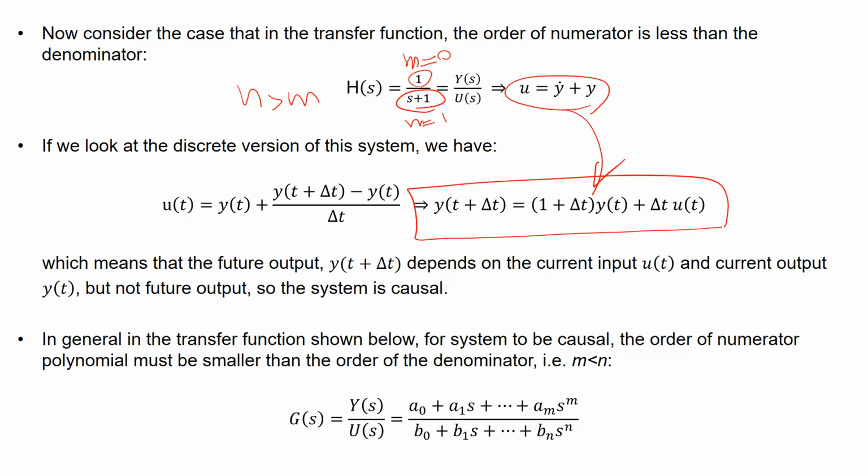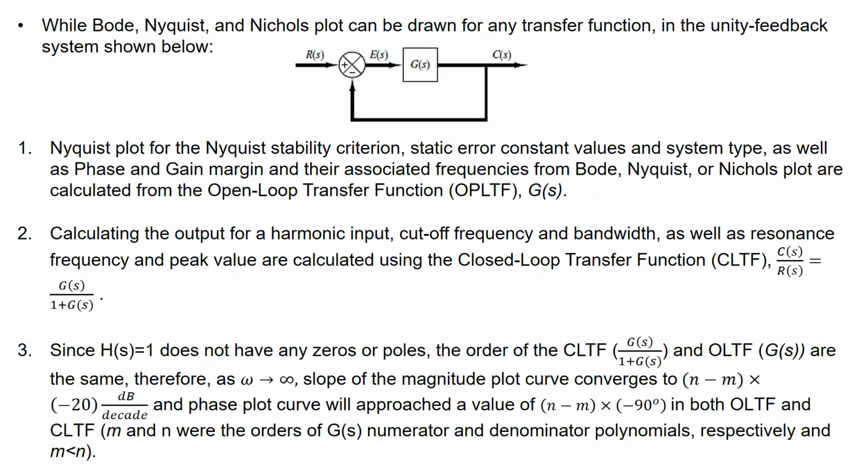In general, whenever the transfer function is a polynomial, with order m in the numerator and order n in the denominator, if we want the system to be a physical, causal system, where the input causes the output, the current and previous, not the future, then we should always have m less than n. So hopefully, if I haven't clarified this in my previous lectures, now you see what's going on.